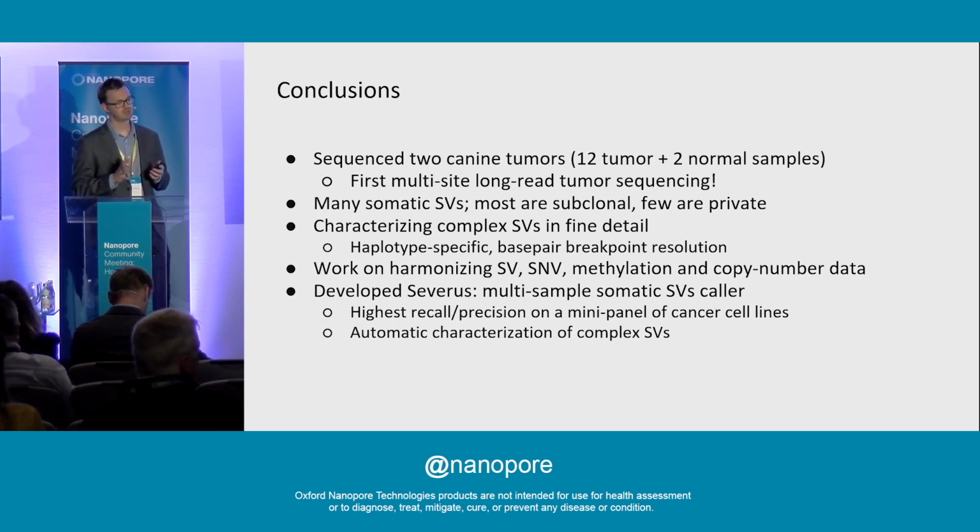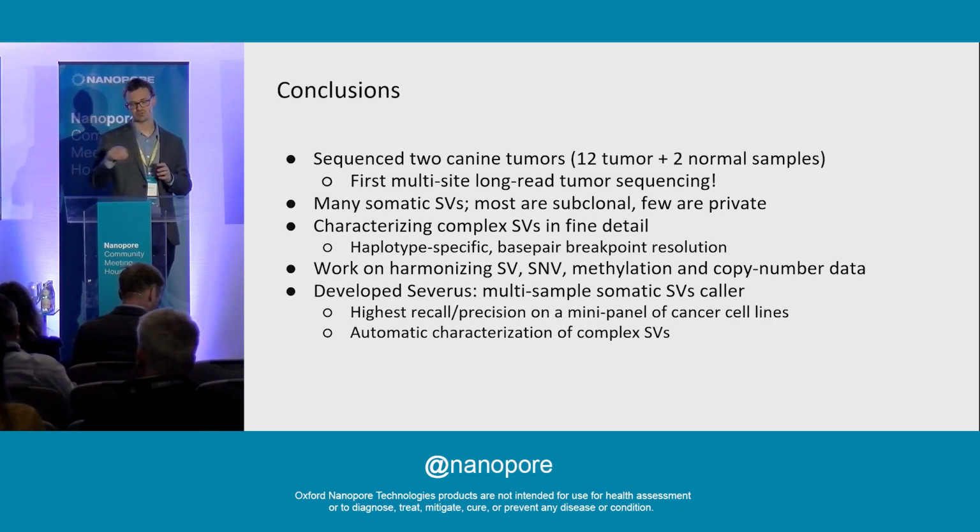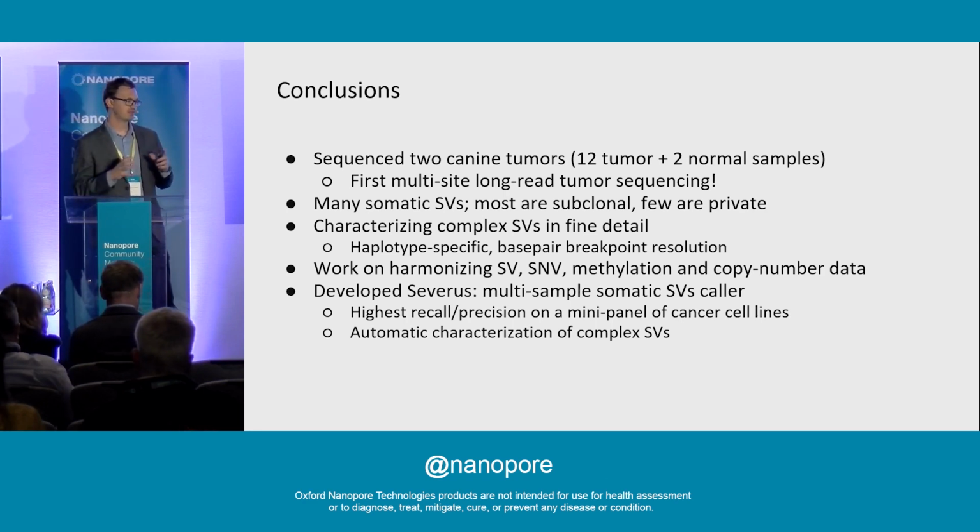Most of them were subclonal, and few of them were private to particular samples, which tells us something about the evolution. We are working on harmonizing all the different types of data, and we are also developing new tools, in particular Severus, which is now available, and it works pretty well in the cancer context.